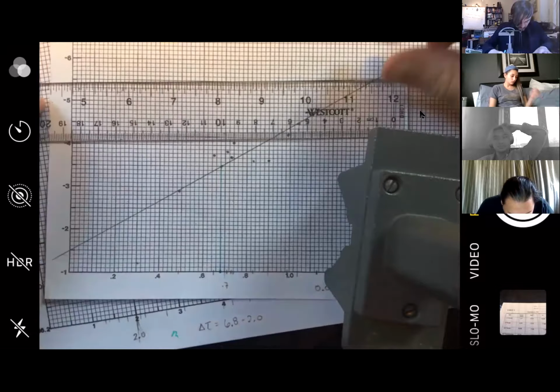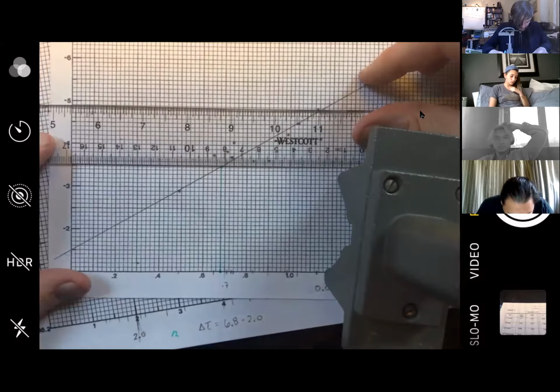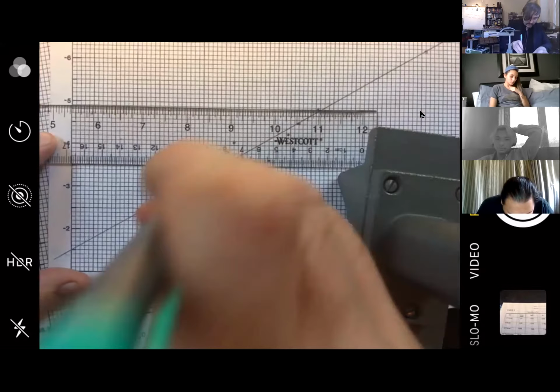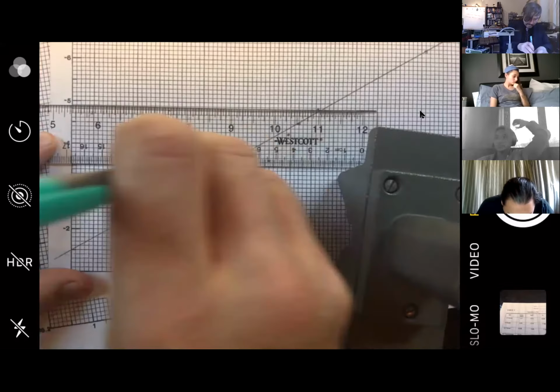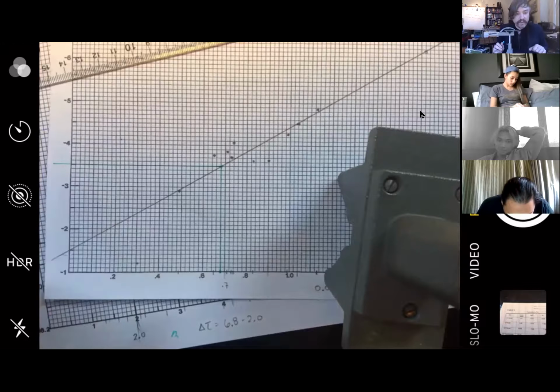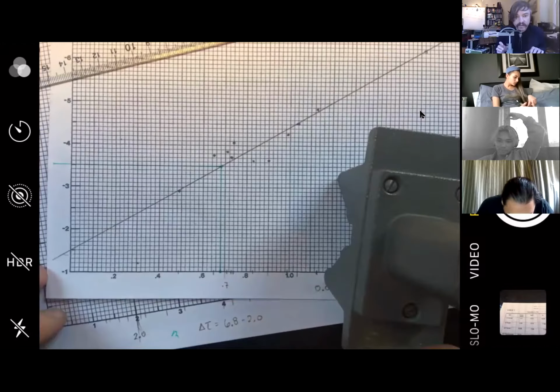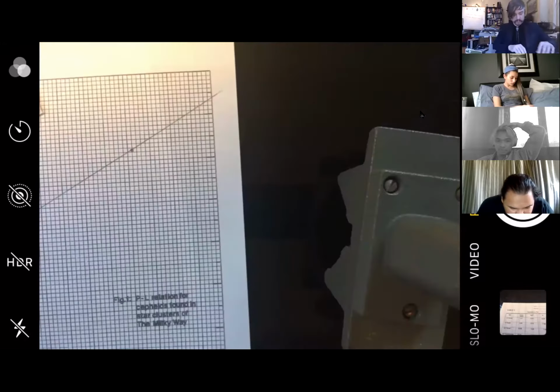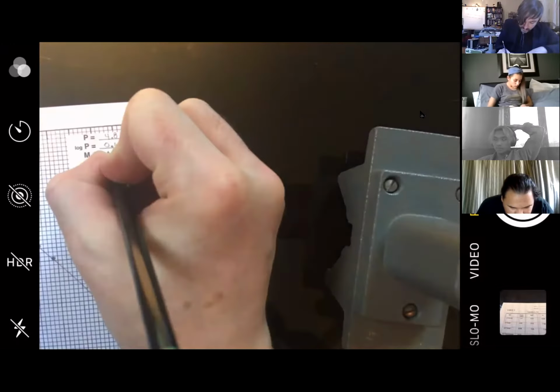Then I'm going to go over to get the absolute magnitude. My value looks to be about negative 3.5, excuse me. Everyone see how I did that? Okay. So this is negative 3.5.